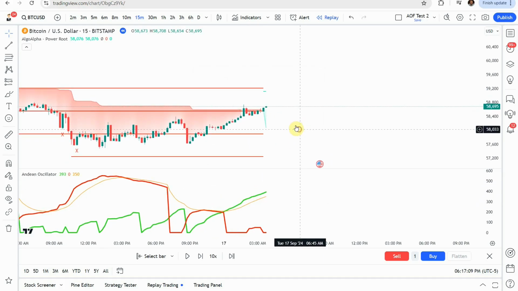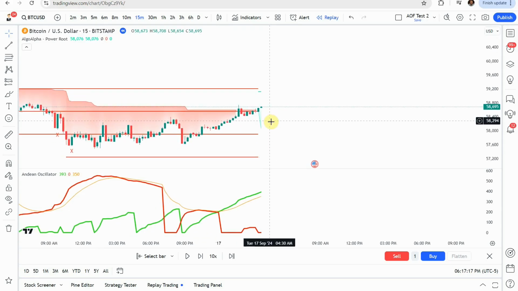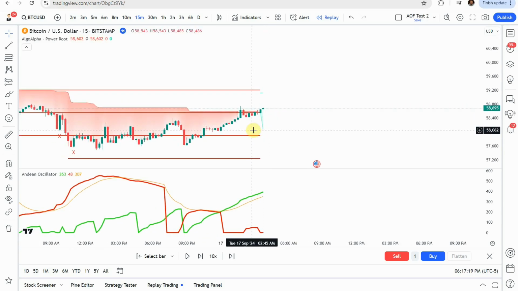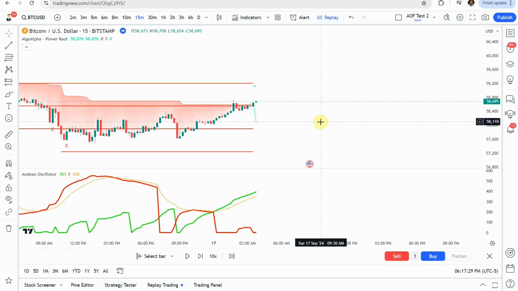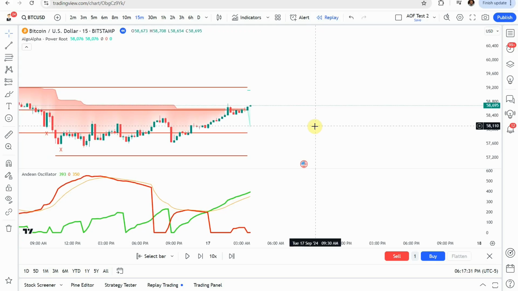Now, I thought since it is a new kind of super trend that we might just test it as a standard super trend with a kind of set risk reward, and then see how well it does, and then maybe we'll test it again with the exits that it has built into it. And so we'll take a look at those as well.